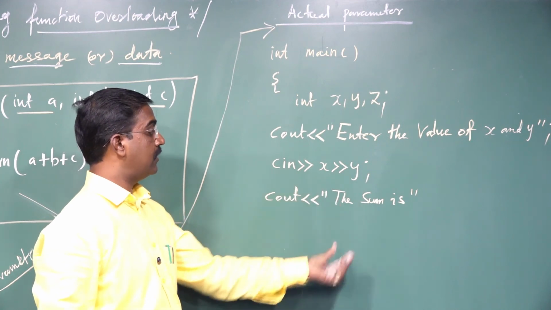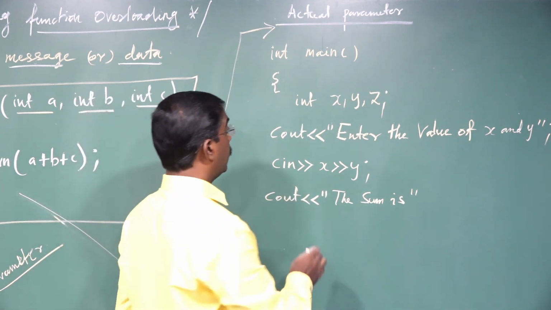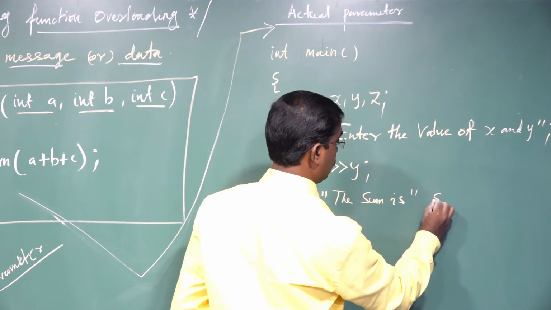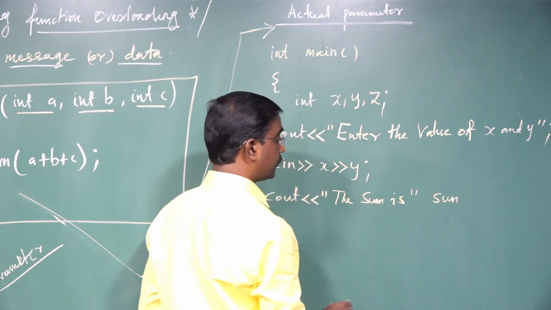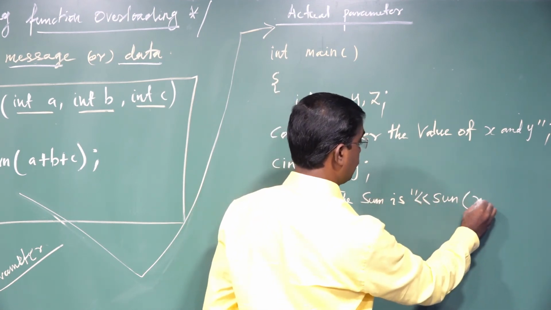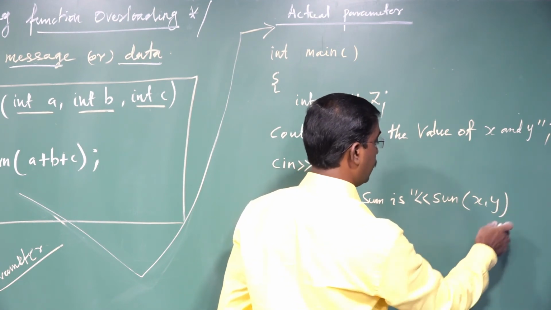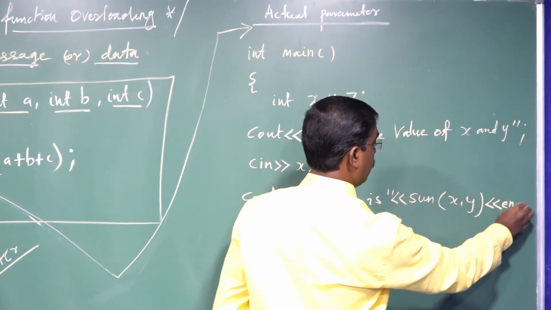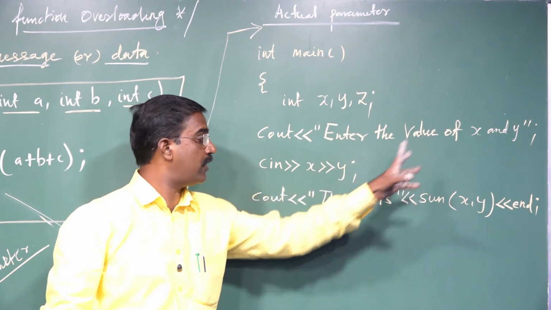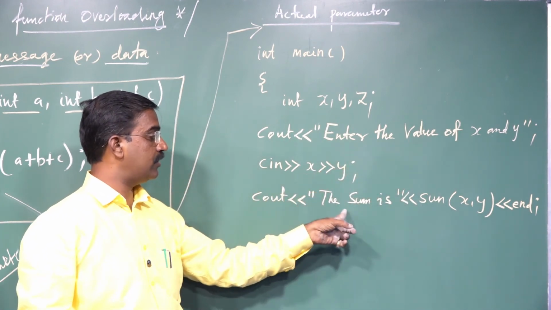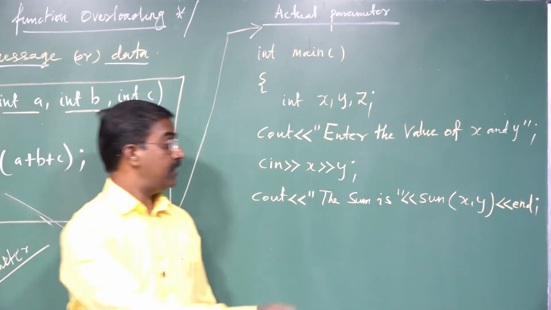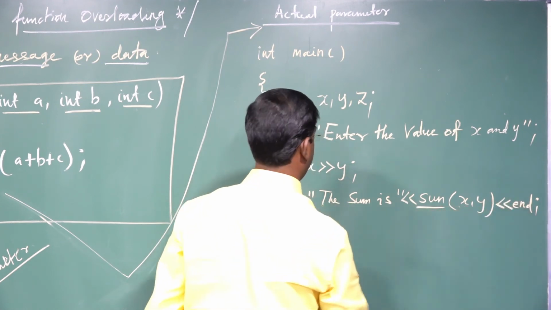So the sum is, and we already know the function name is sum. So sum of x comma y, and we want to end the line with endl. I think you can understand the two values, x and y, are taken from the keyboard and will show the sum. Sum is the function name. Here also sum is a function name, the same sum of x and y.